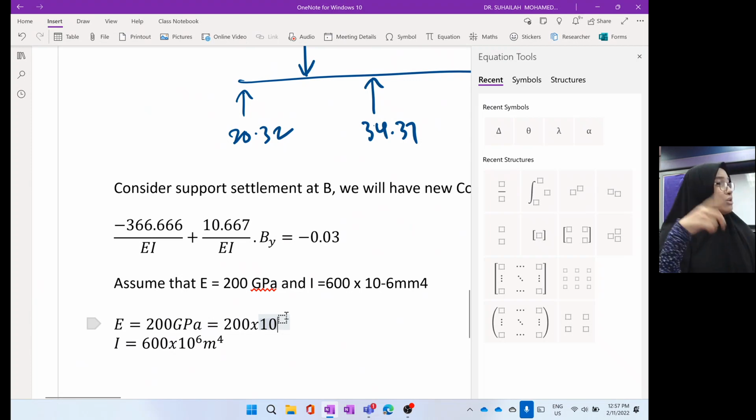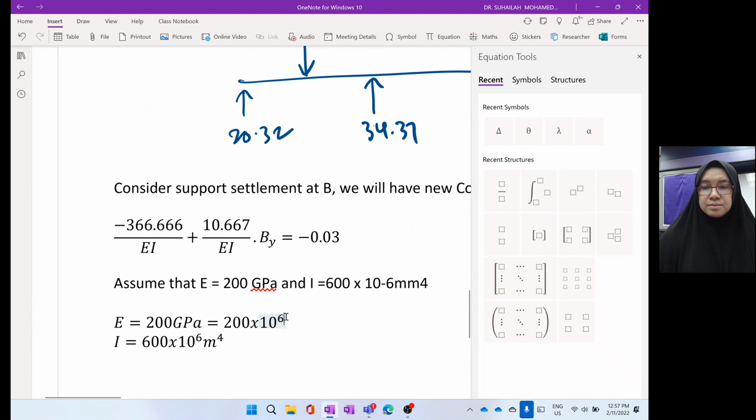Sebab dalam ni kan all kilonewton. But yang kita analisis semua in kilonewton. So change it to kilonewton.